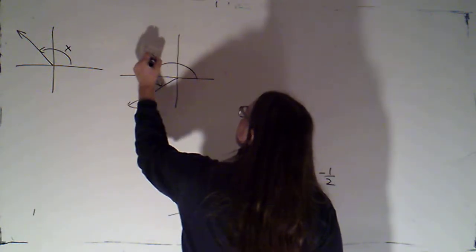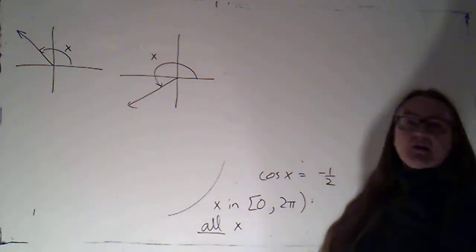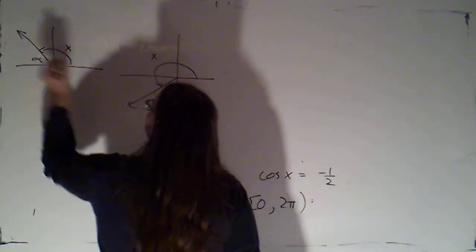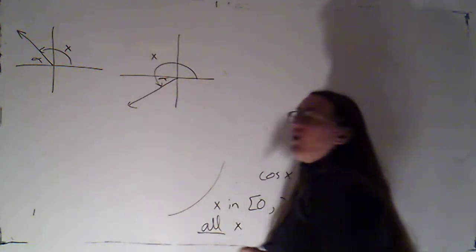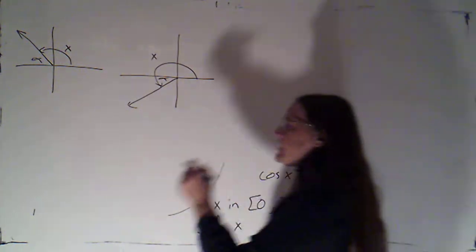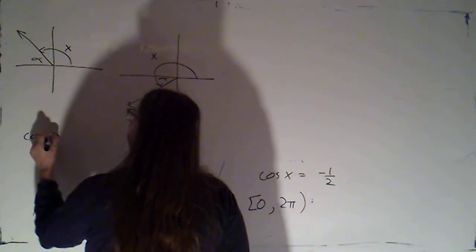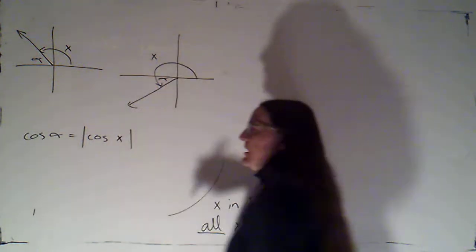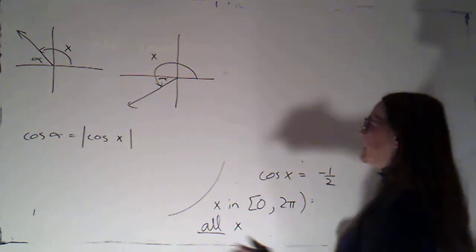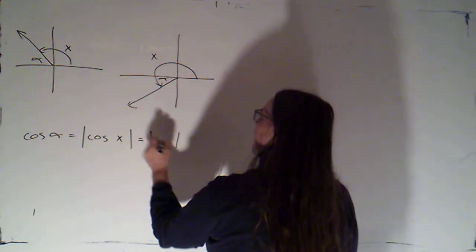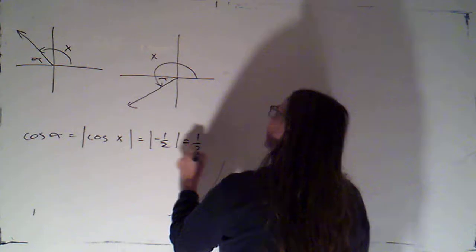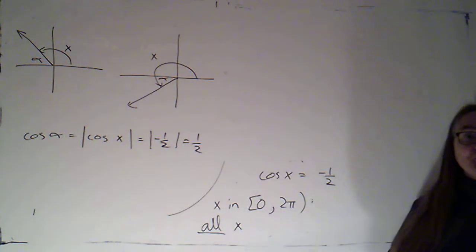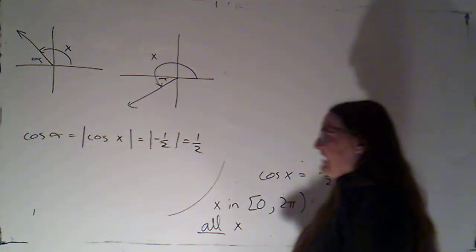And I'll have another solution in quadrant 3, because cosine is negative there. For both of those, I'll have a reference angle, which I usually just call alpha. And what I know about that is that cosine of alpha will just give me the absolute value of cosine of x. So that would be the absolute value of -1/2. That's 1/2. So alpha is the acute angle whose cosine is 1/2.